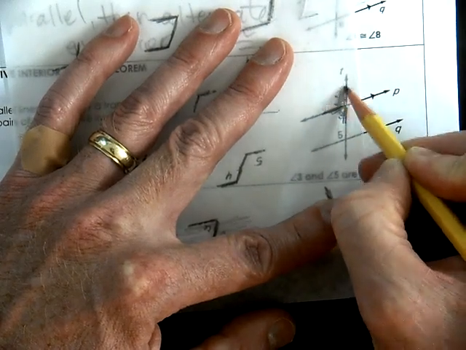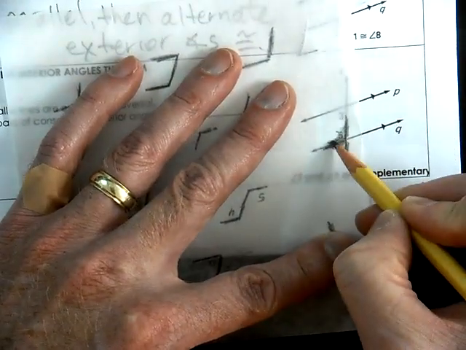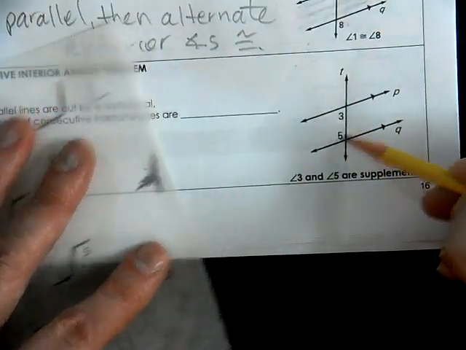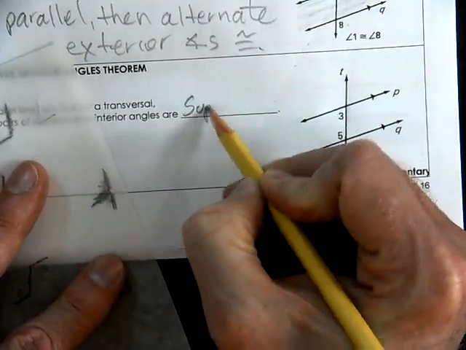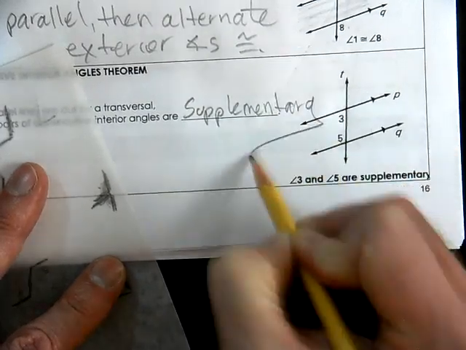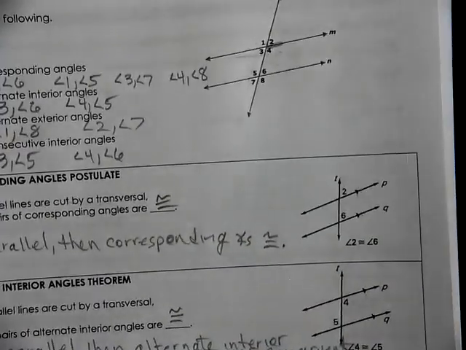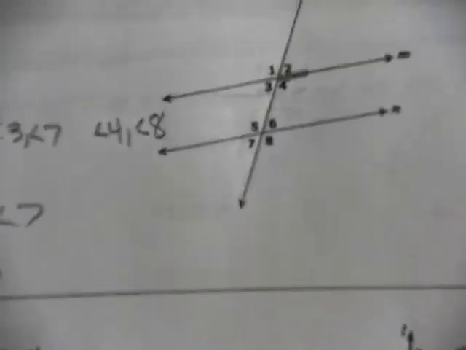This angle here is equal to angle 5. So 3 and 5 are supplementary. Can you identify other angles that are supplementary? Let's come back up and look at all 8 of our angles.